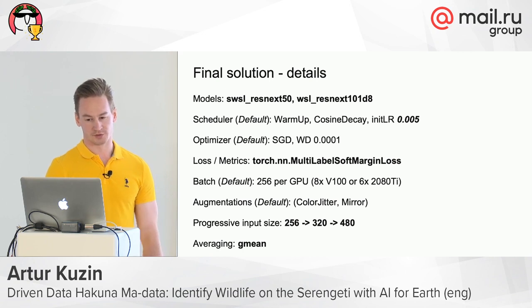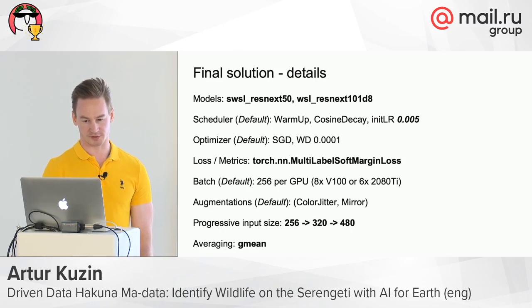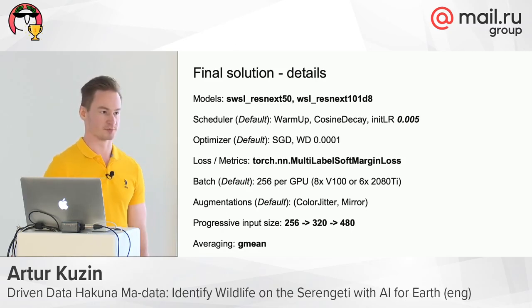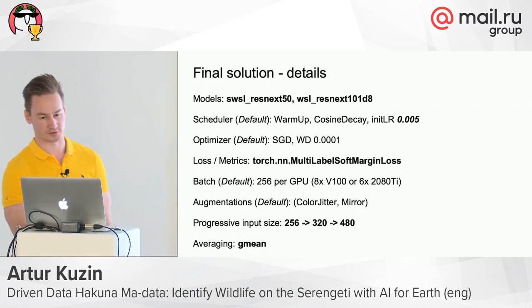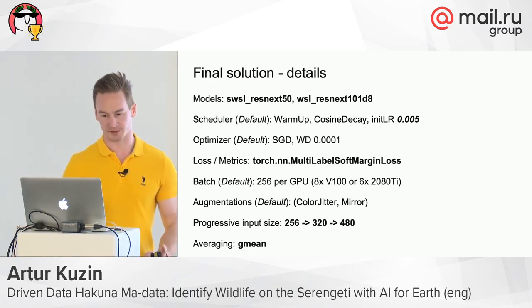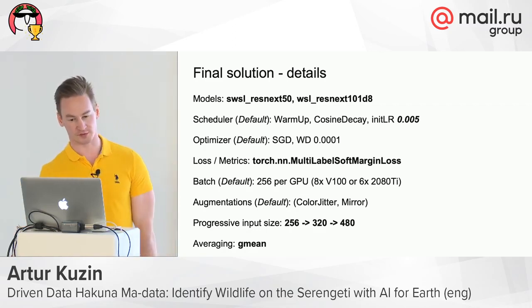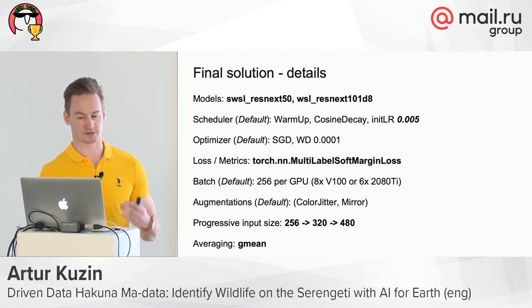Also, I did fine-tuning: I reduce the initial learning rate, and I change the loss and the metrics. I didn't try different losses, for example focal loss, because the target and the metric were the same, so it's not necessary to play with these parts. I also slightly differ the progressive input size and the averaging. For example, inside one series or inside the TTA, I just use geometric mean.